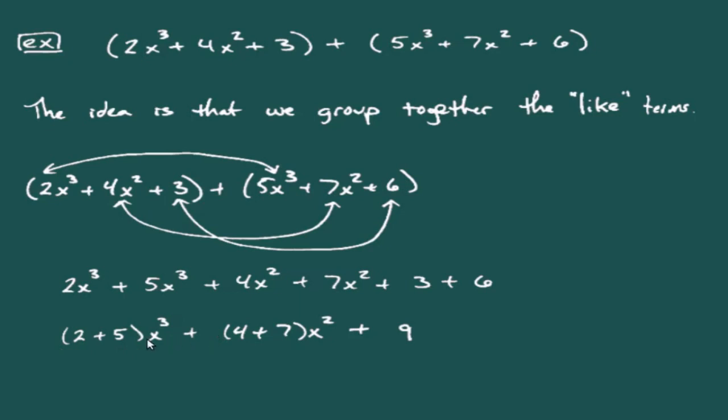Now notice only the powers that match are going together: 4x squared and 7x squared, well, 4 plus 7 times the x squared, and the 3 plus 6, I can put that together to give me 9. And so the 5 plus 2 gives me a 7x to the 3rd power. So 4 plus 7 is going to give me an 11x squared, and then plus the 9 as the final answer.